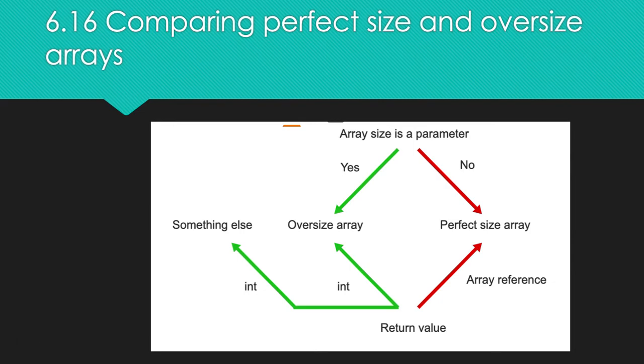A method signature can tell a programmer whether a perfect size or oversized array is expected. A method that expects a perfect size array as an argument will have one parameter for the array reference, but no parameter for the array size. So we will see examples in the lab later on.